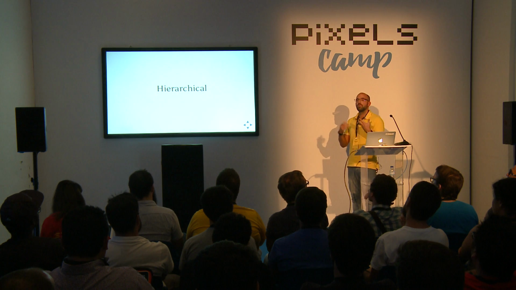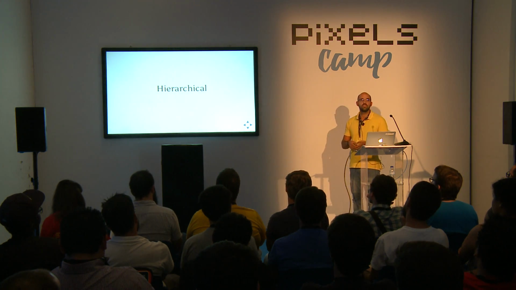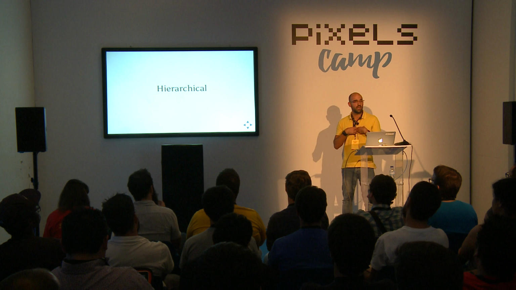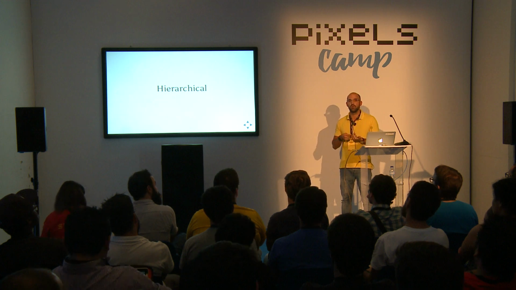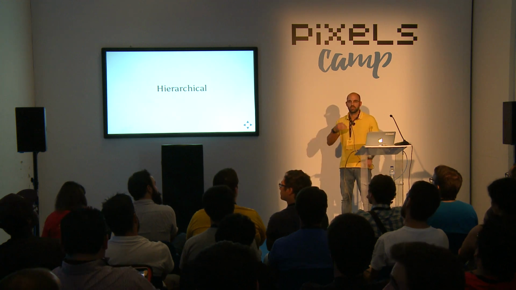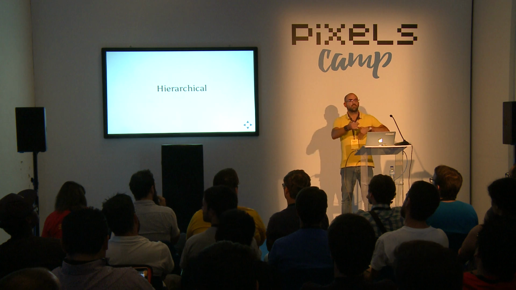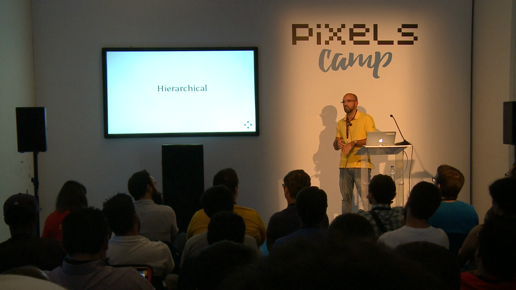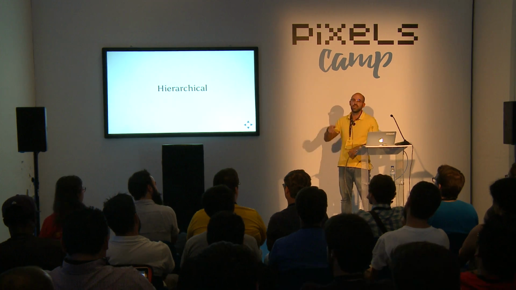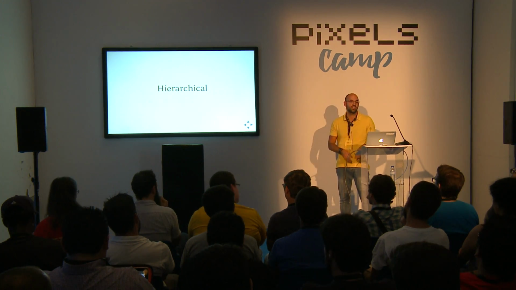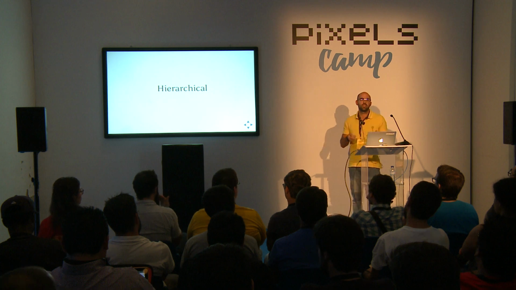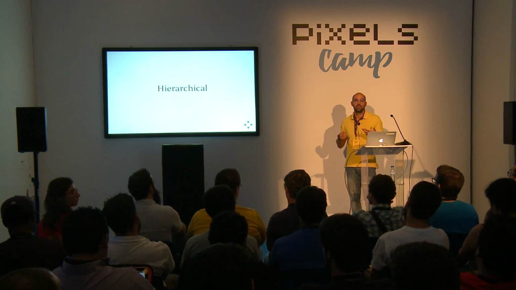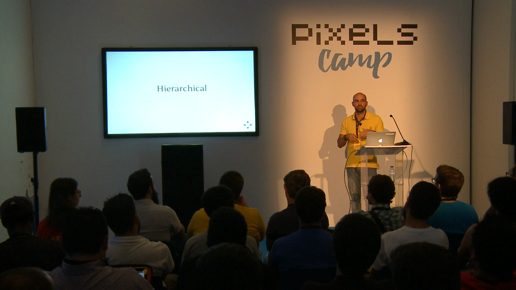Properties of GraphQL. First, it is hierarchical. In my experience, most domains that I end up modeling are hierarchical. Accounts have users, users have tasks, if it's like a to-do list, and they might have friends, and friends also have tasks. Data is typically inherently hierarchical, and it has relationships.